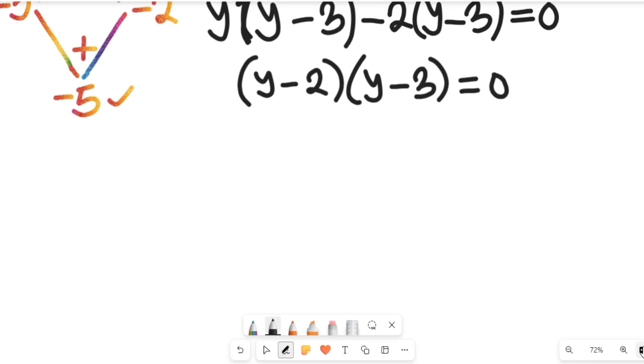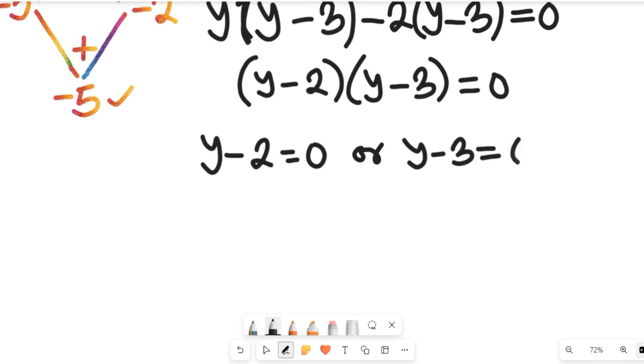If you simplify this further, you're going to have your y minus 2 equal to 0, or your y minus 3 equal to 0. So let's add 2 to both sides. We'll have y minus 2 plus 2 equal to 0 plus 2.